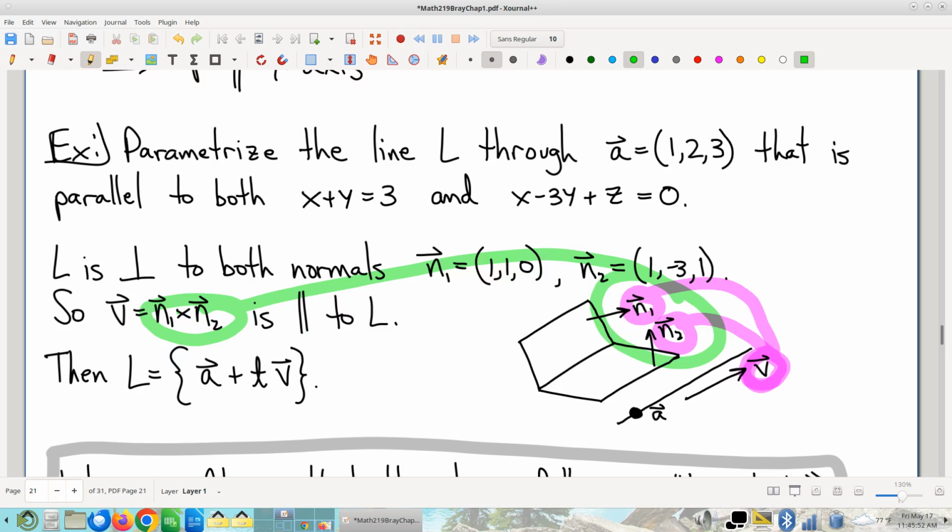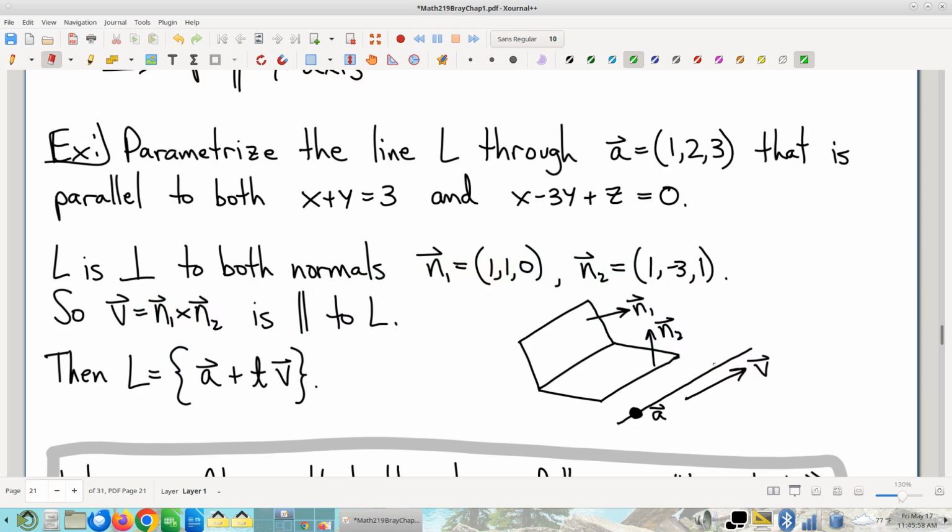Is everybody all right with that? Okay. Yep. Are the two planes perpendicular to each other? Nope, they don't have to be, because as long as they're not parallel to each other, which we can see very easily, because if the planes were parallel, then their normal vectors would be parallel. These obviously aren't.